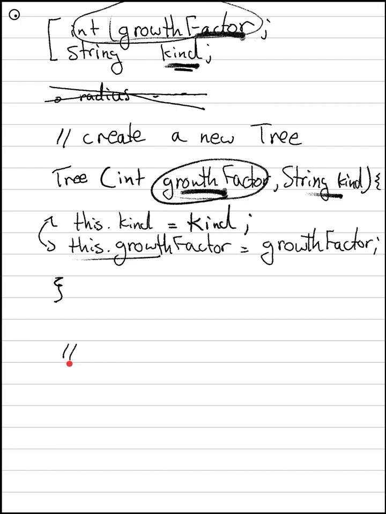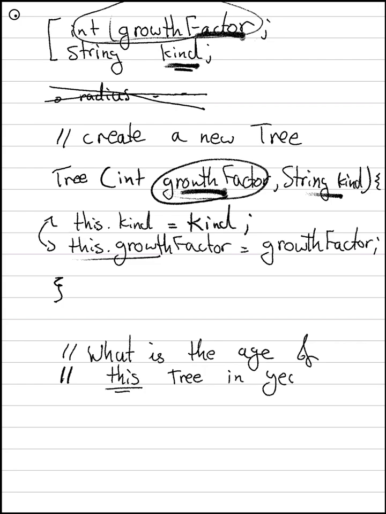So purpose statement is a comment, so I'll start with the 2 backslashes. All right. What is the age of this tree? Yes, perfect. What is the age of this specific tree? This tree, probably in years, right? Yes, exactly.